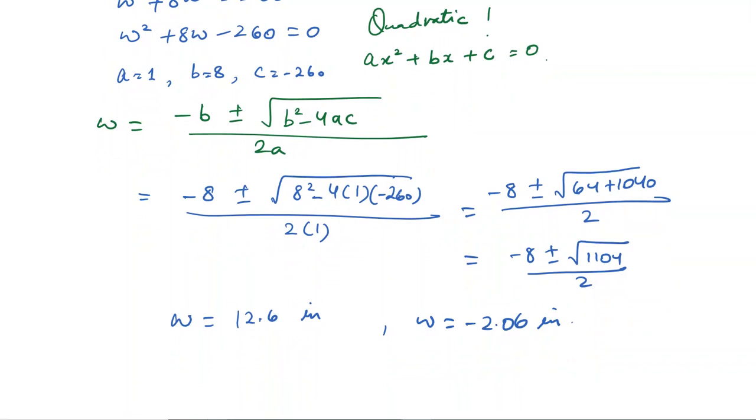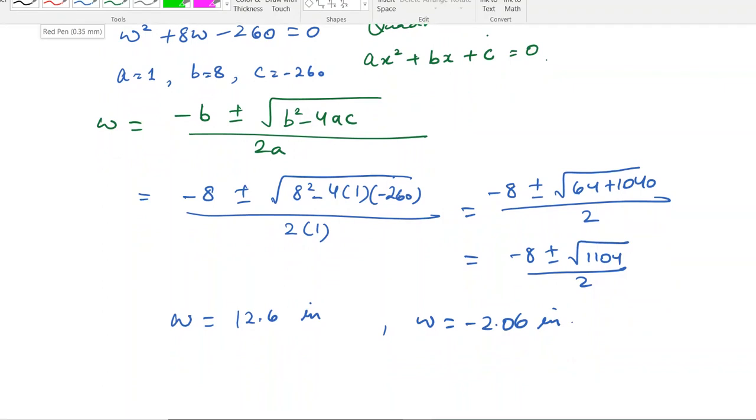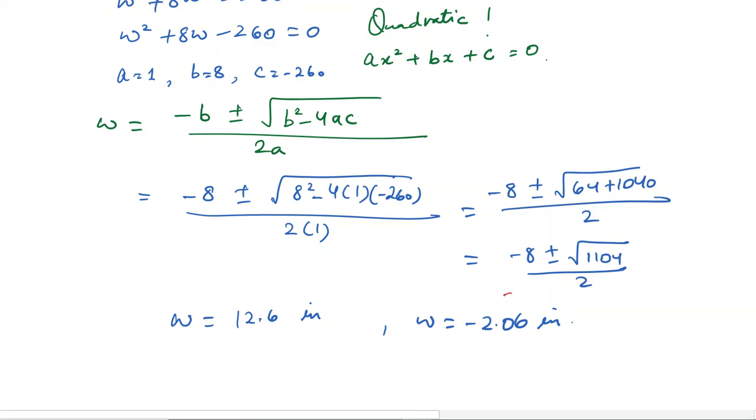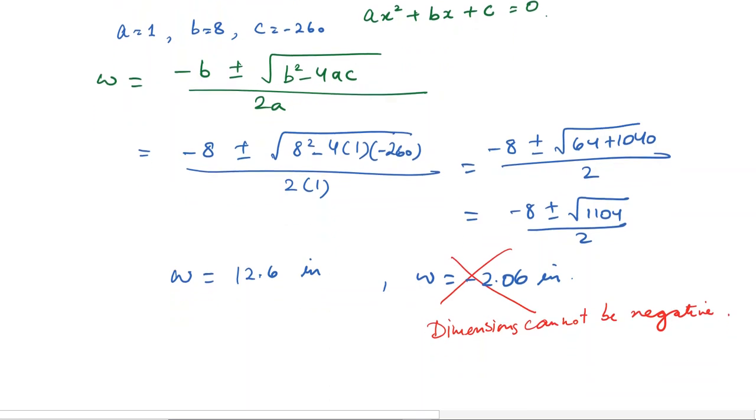In this case, we are talking about width, which is a dimension. So dimensions cannot be negative. So we have to discard this solution. So we have to reject this one. So it means our width should be 12.6 inches.